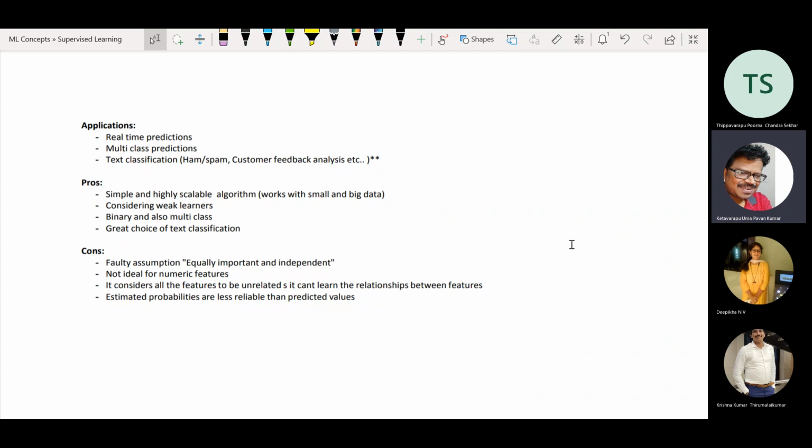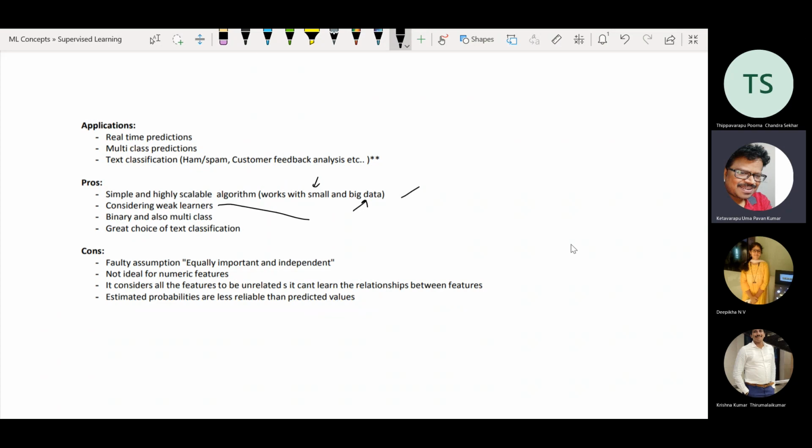Text classification: naive Bayes is best suited for text classification. Just now we saw ham or spam, or customer feedback analysis. For all these text-based analytics, the best possible algorithm is naive Bayes. The advantage is that it is simple and highly scalable, and it works for both small and big data, huge amounts of data.